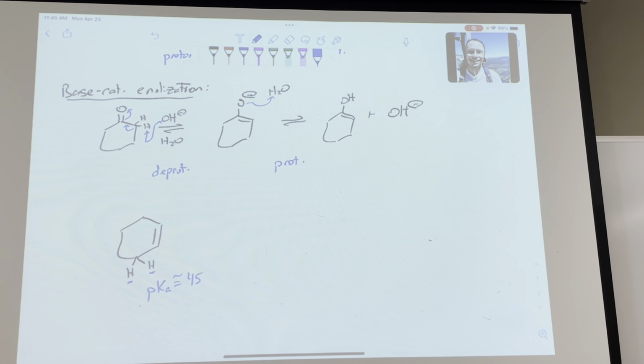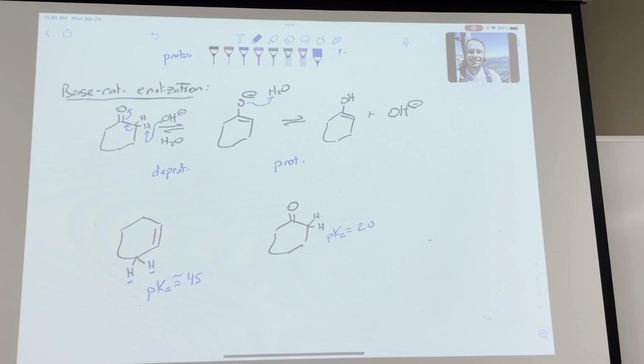And just to give you some numbers here, the alpha position. When you say alpha, what do you mean alpha 2? Oh, it's the alpha position is just the position just adjacent to the carbonyl. Okay. So those alpha protons, they have a pKa of roughly 20. That is a huge difference in acidity for seemingly kind of similar protons.